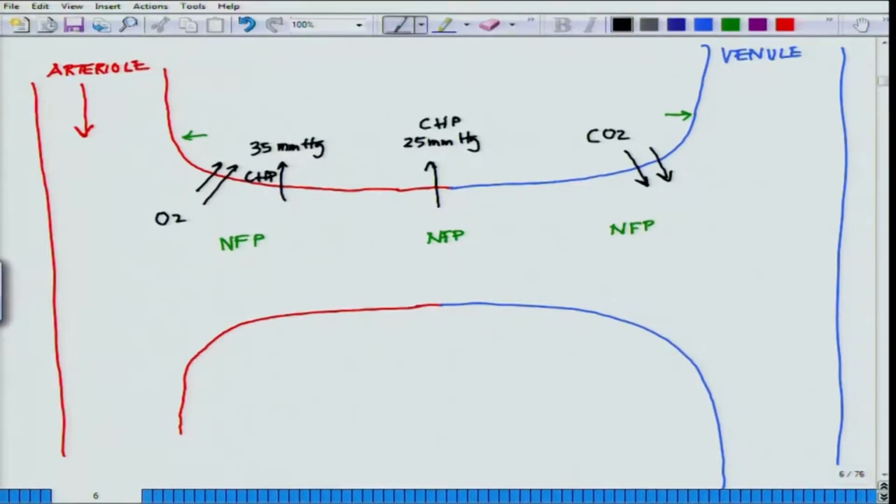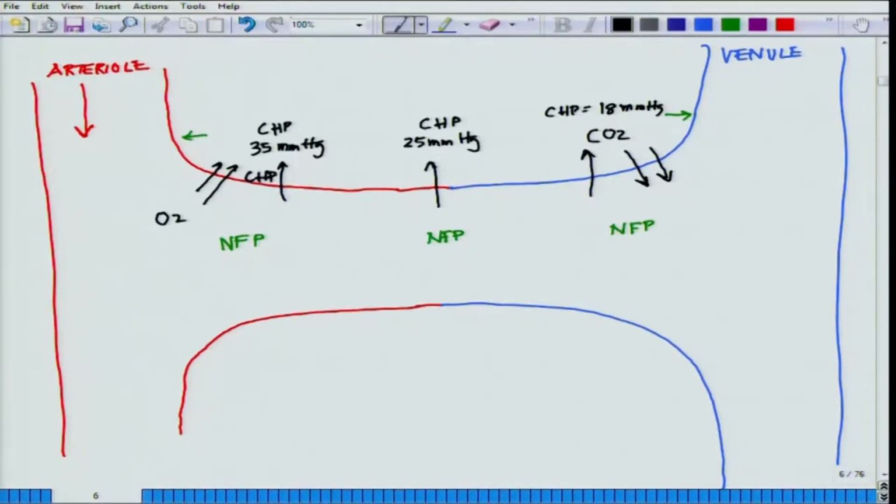Okay. And at this fag end, where it is meeting the venules, capillary hydrostatic pressure is equal to 18 millimeter mercury. These three values are exceptionally important.